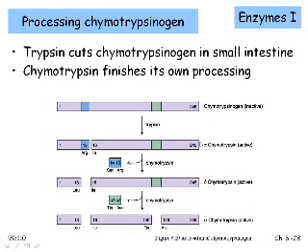Now, chymotrypsin is not ready to go right off. Chymotrypsin actually has to be processed in order to take its full active form. And this is a strategy that the body uses in a number of different contexts, of having something on hand in an inactive form and then processing it where it's not going to hurt anything.